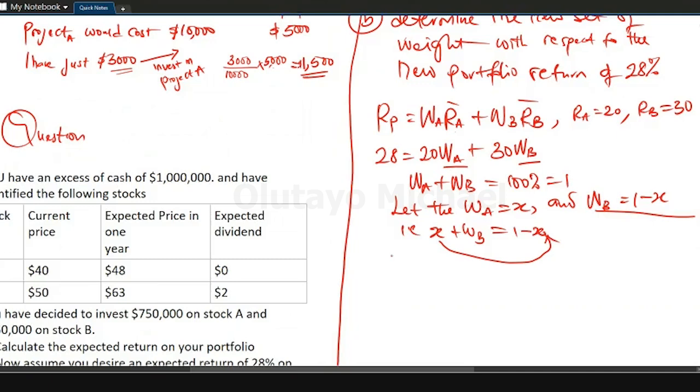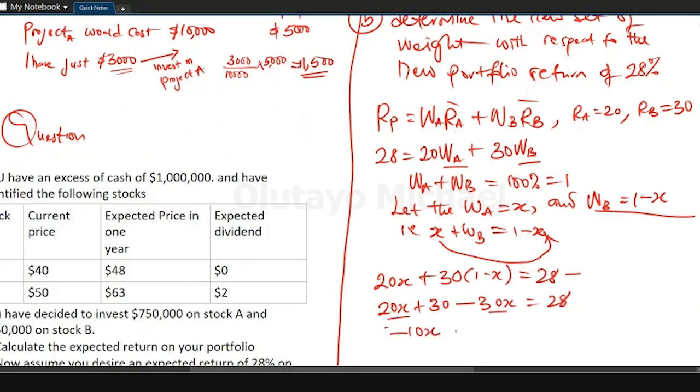So when we substitute this into equation 1, we are going to have 20X plus 30(1 minus X), which gives 28. I want to get an RP of 28, which is 20X plus 30 minus 30X equals 28. So 20X minus 30X gives minus 10X, and then this 30 goes out there and becomes minus 30.